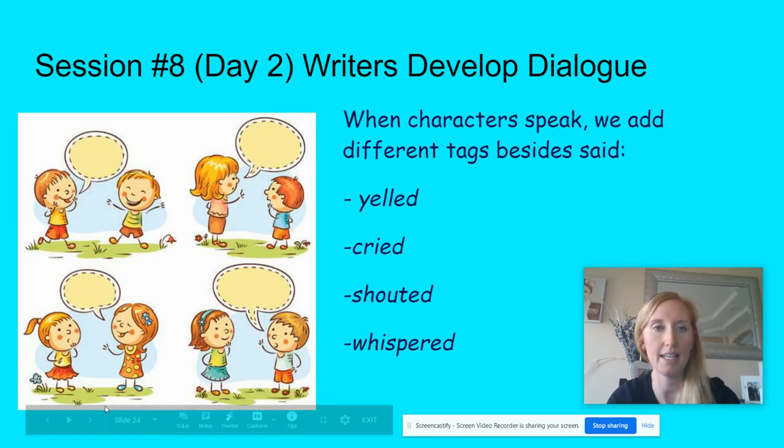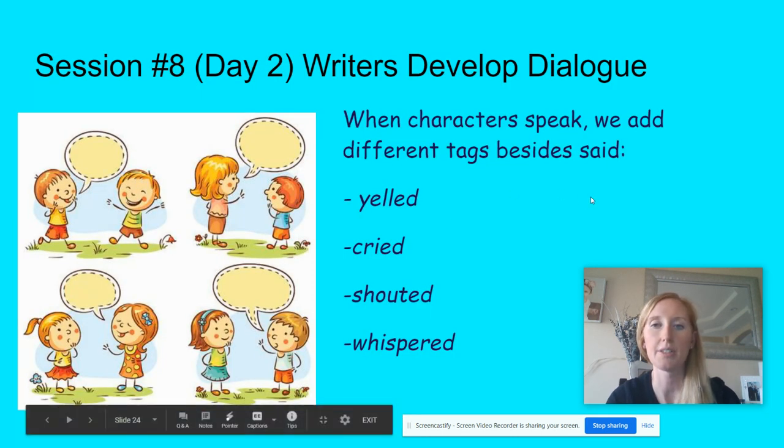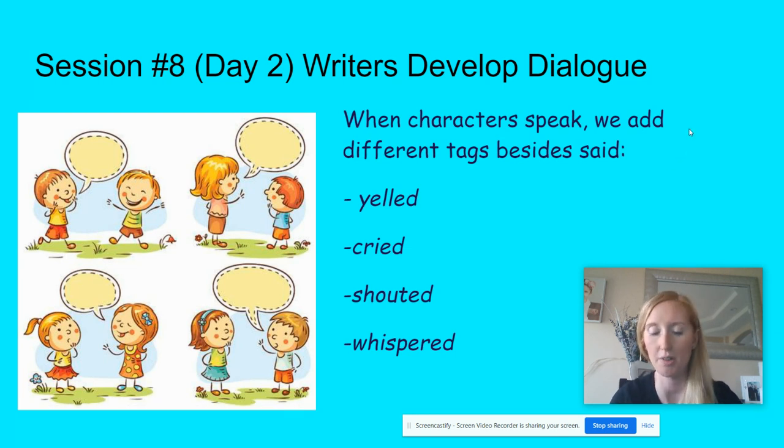All right, today's lesson is called Writers Develop Dialogue. And I want to share a quick story with you, something that happened to me this morning. I don't know about you guys, but my kids are starting to argue a lot. They've been together now for, I guess, 8 weeks, right? So I have a son and a daughter, Madison and Gavin. And they're always playing with their toys together.